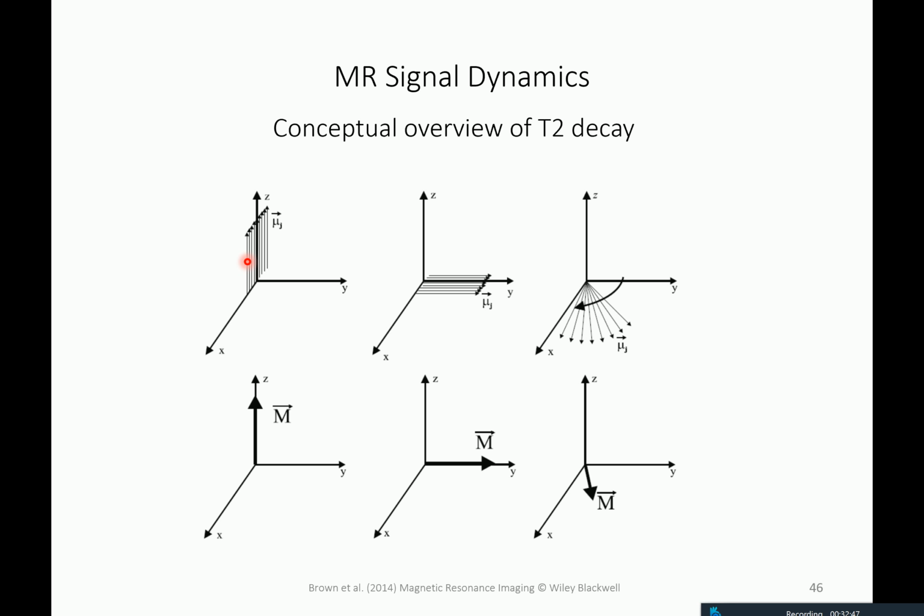Then, because they all have their little magnetic fields, and random things happen, there is thermal noise and whatnot, and they don't get this external push to be all in phase, they lose this being in phase. If they are not in phase, then what they sum up to in the transverse plane gets smaller.